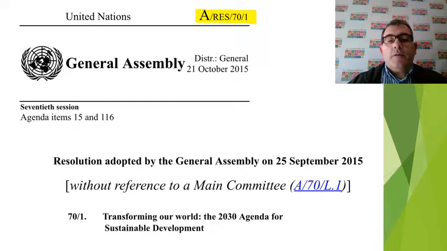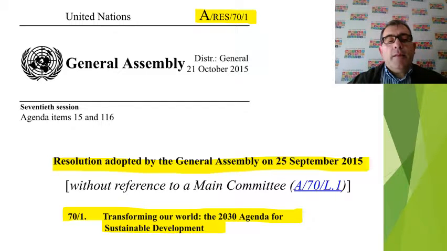On 25 September, the United Nations General Assembly approved a resolution, Resolution 70/1, and this resolution approves the Sustainable Development Goals.